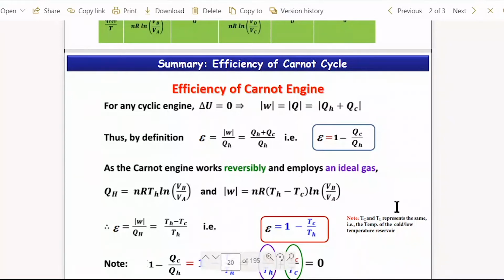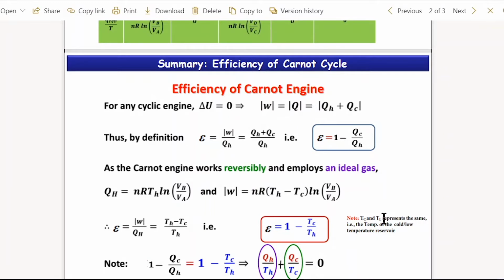And if I want to find that work, it will give me the efficiency as 1 minus W by QH, where W is nothing but QH minus QC, and so if I simplify, I get 1 minus QC, or QL, by QH. QC and QL are the same thing. Here I have written QC and QL as the same thing. Not all the time I am able to follow the subscripts of C and L. C is cold, L is lower. Both mean the same.